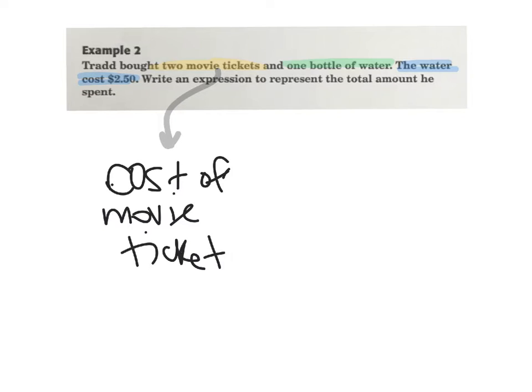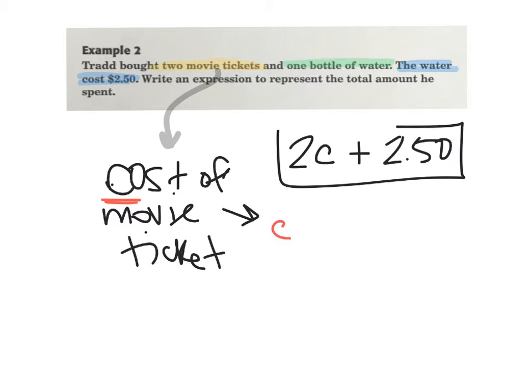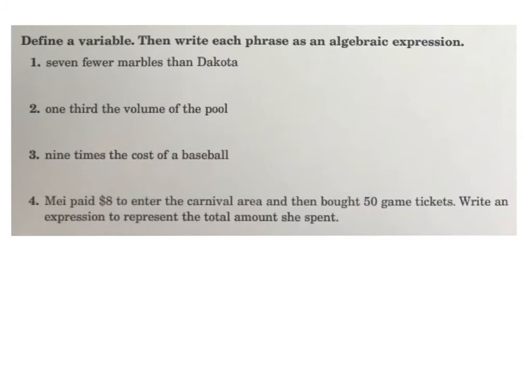So I need to think about what letter I could use for that. I'm going to use the letter C because that's what cost starts with. I know he bought 2 movie tickets, so he would pay 2 times the cost, plus 1 bottle of water. The water costs $2.50, so plus $2.50. This would be my final answer.